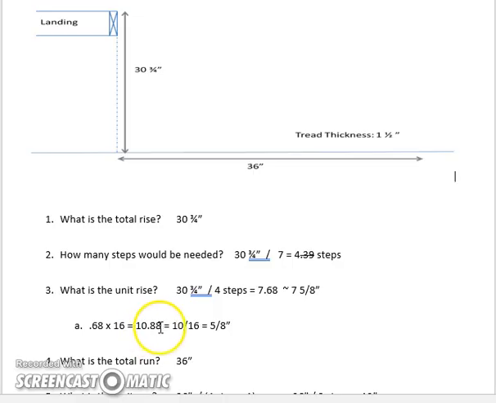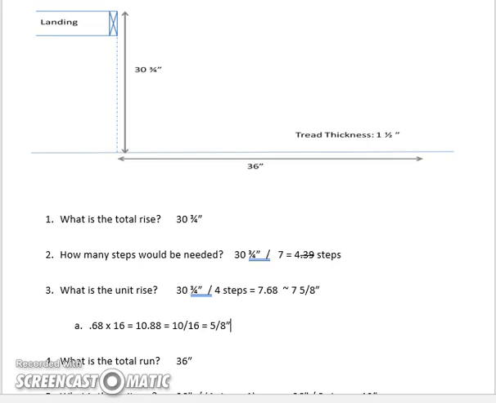You do not need the 0.88, and you just put 10 over the 16, and that will reduce down to 5/8. You could also say 10.88 is close to 11, and so you could call this 11/16 if you wanted to, but for right now we're just going to say that it's 7 5/8. So right here is our answer.